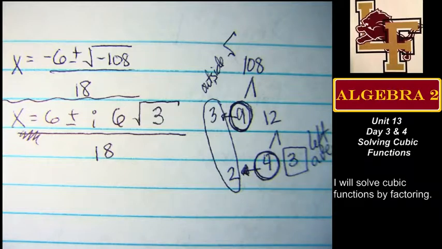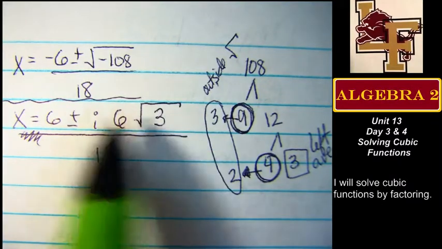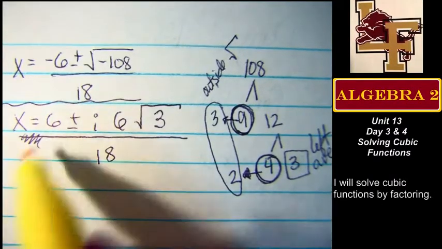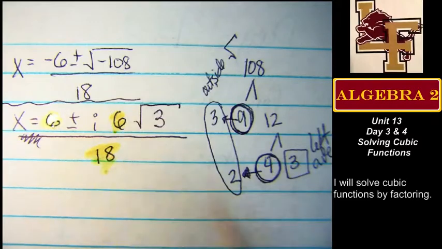Can I simplify the fraction? Looking at just the real numbers. Don't look at the i's. Don't look at the things inside the radical. You're looking at just these numbers. I can, in fact, simplify this.